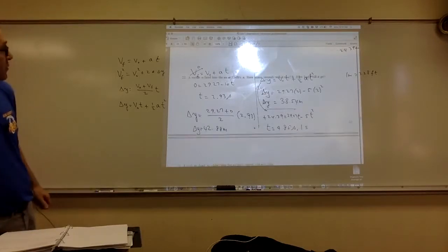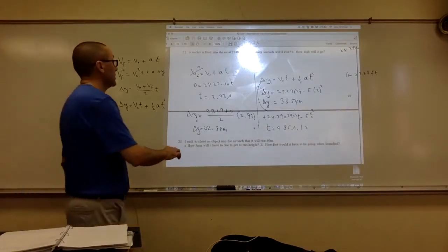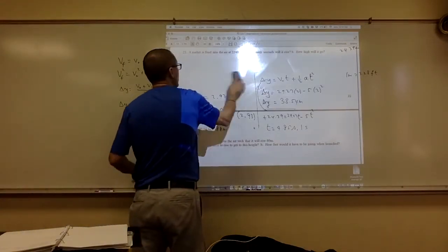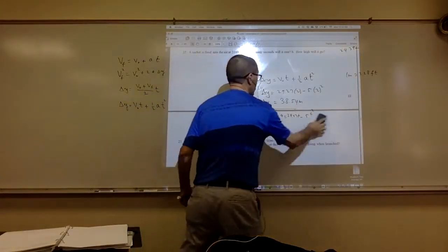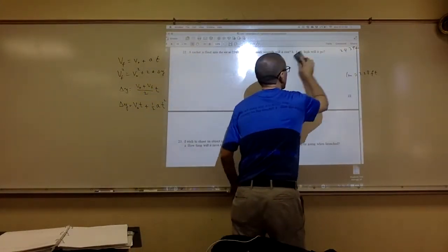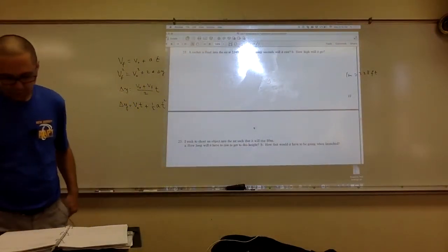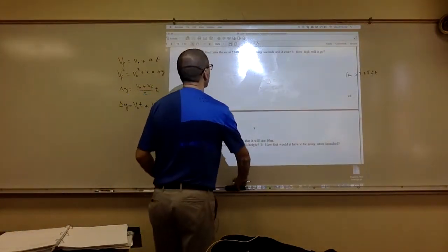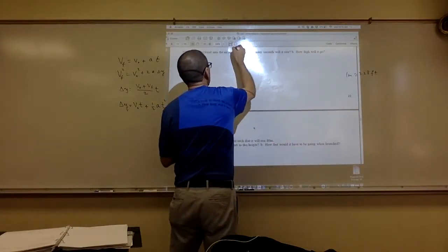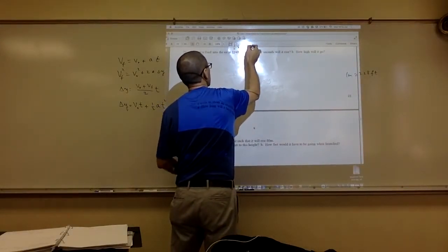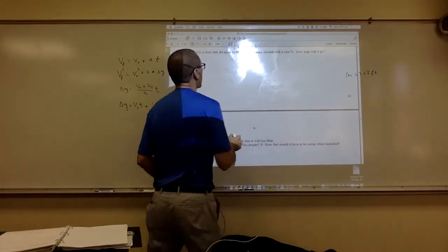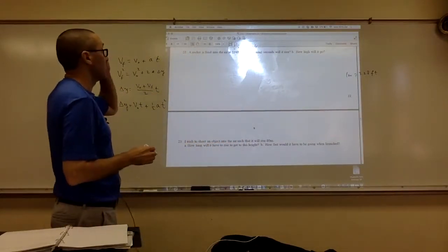All right, let's look at number 22. A rocket is fired into the air at 224 feet per second. So we have to change this feet per second to meters per second. So that should be 68.29 meters per second. Okay. How many seconds will it rise?